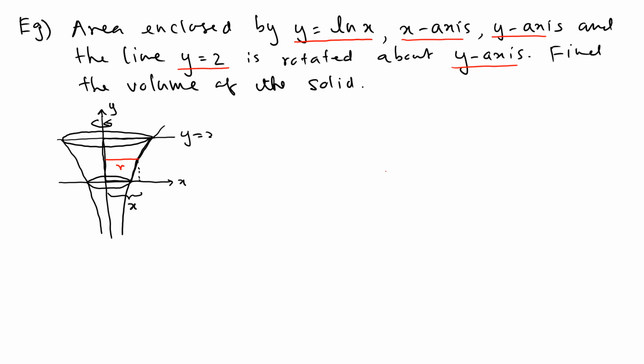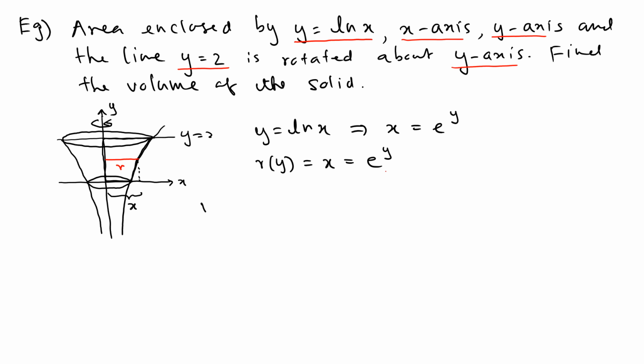So let's start with y = ln x. Solve for x: x = e to the y, that we know. The radius, which is a function of y, is equal to the x coordinate, which equals e to the y. That is the different step here. We have switching functions now.